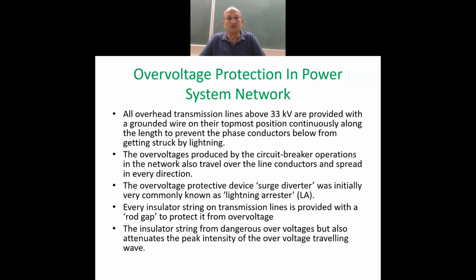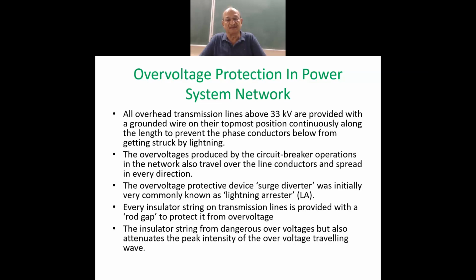Sometimes there are two overhead topmost ground conductors when the width of the transmission line is very large. So there is an envelope, you can say, a conductor on the top that protects all other installations below it.